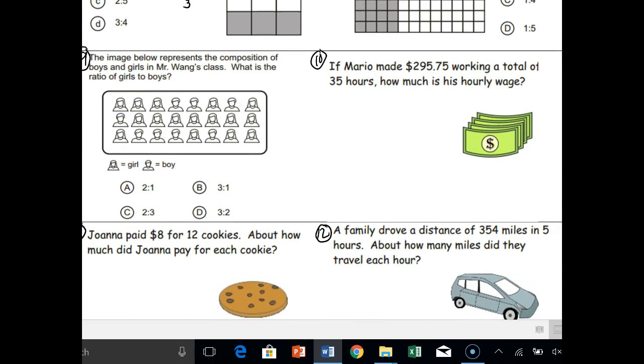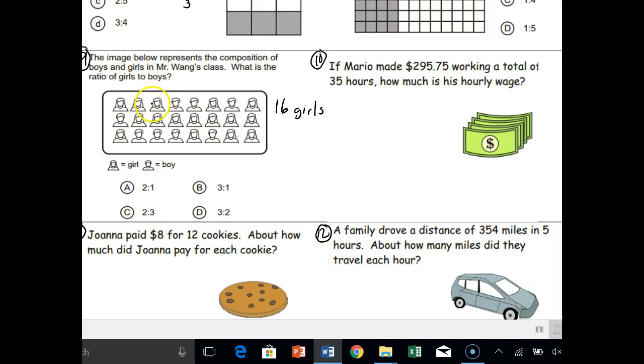Number 9, the image below represents the composition of boys and girls in Mr. Wang's class. What is the ratio of girls to boys? So let's count up the number of girls we have, and we have to be very careful here. So we have 1, 2, 3, 4, 5, 6, 7, 8, 9, 10, 11, 12, 13, 14, 15, 16 girls. Oops, spelled girls wrong.